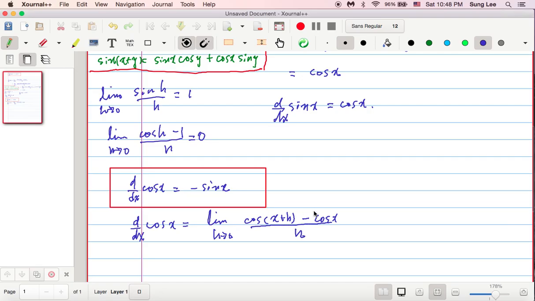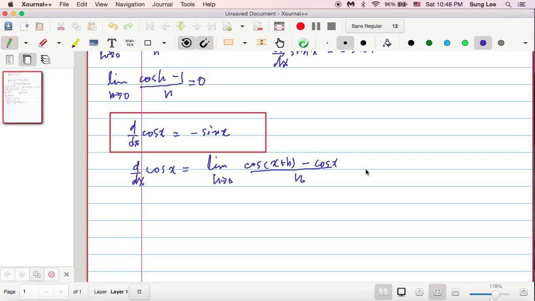Now this time you will need to know the cosine sum formula, which again you learned in trigonometry class. So cosine of x plus y equals cosine of x cosine of y minus sine x sine of y.